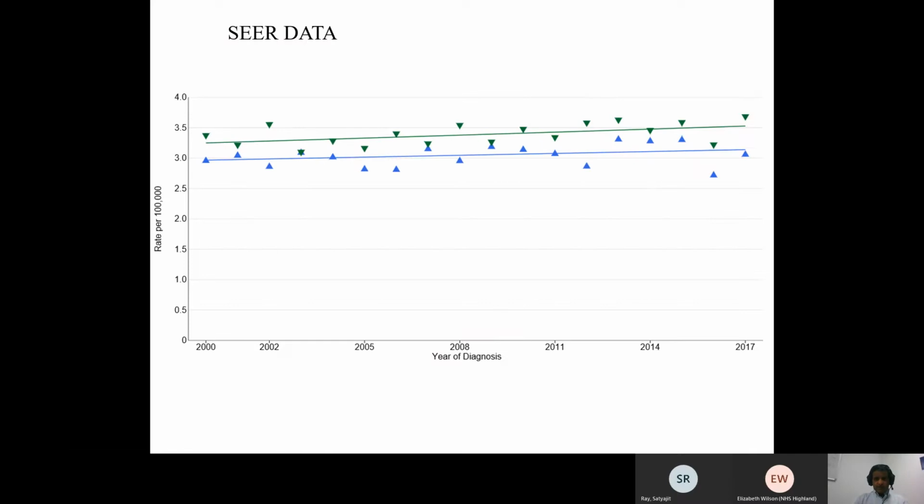So this is what is happening from 2000 to 2016. Incidence of brain tumors: the top one is the incidence. It used to be around 3 per million. It's now more or equal to 3.5 or 3.6 per million, and the blue is the death.